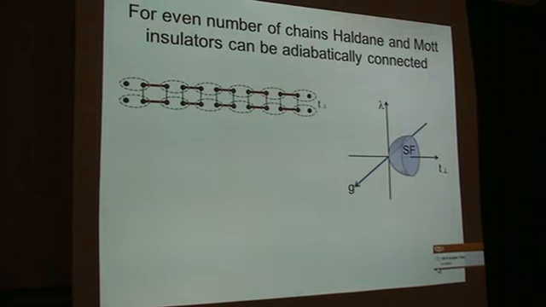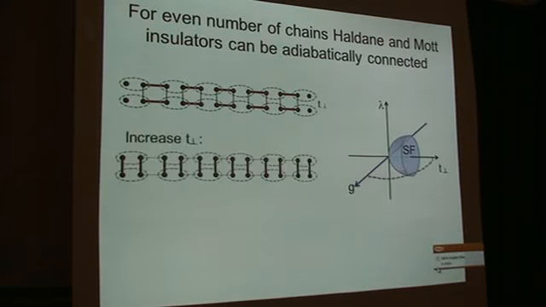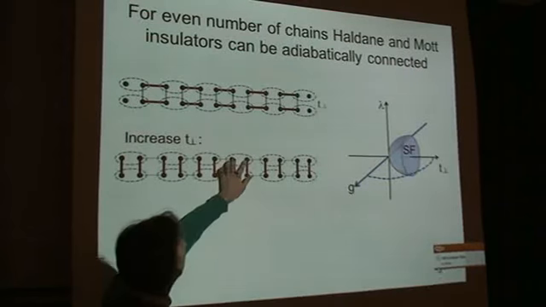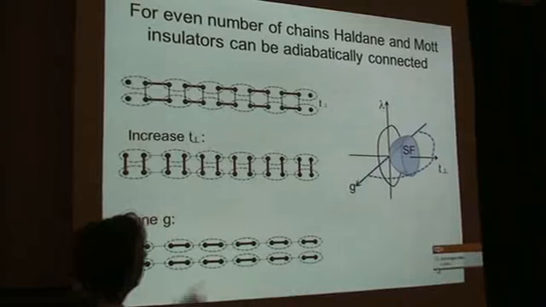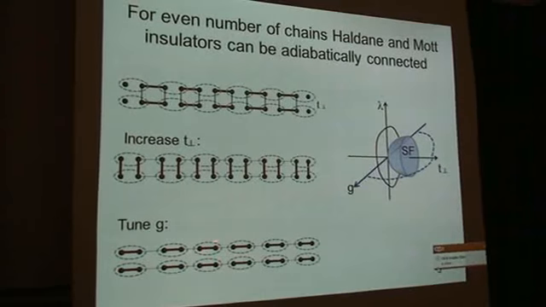The idea of how to do it is to increase t-perp and v-perp, say, and these singlets will become singlets on the vertical bonds if you increase t-perp and v-perp enough. Then after that you start to decrease the internal coupling here and increase these couplings, and then these singlets will become singlets inside the sites.